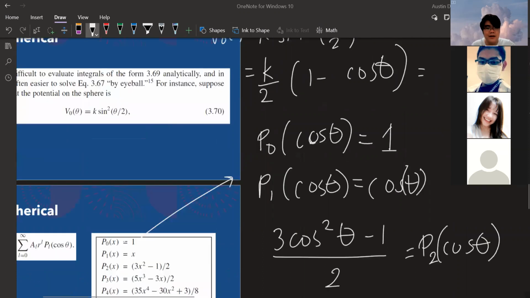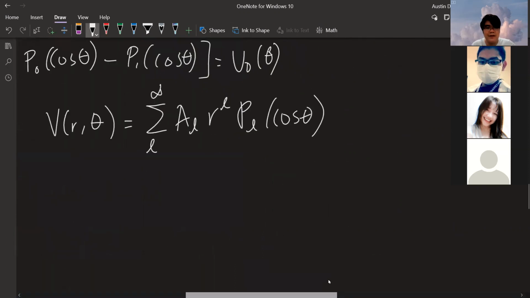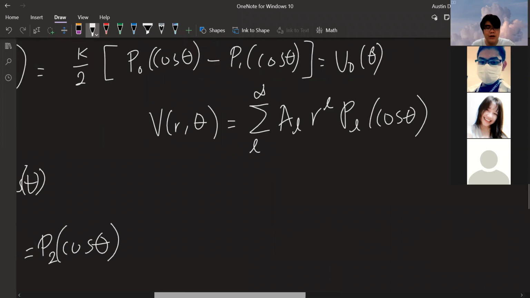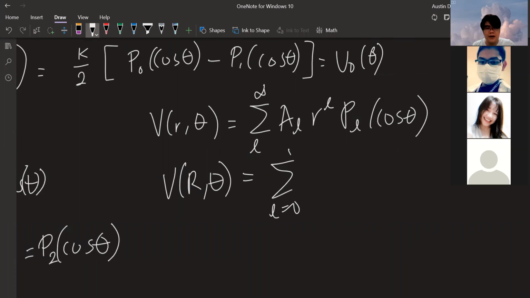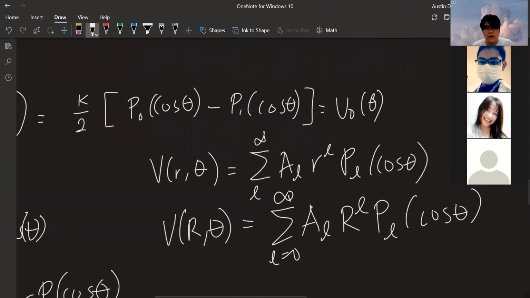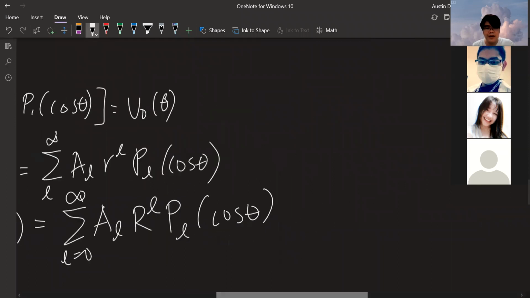Ayan, okay. So going back, we have this general form of our solution. Then again, we write V of R, theta. So I have L0, ups, L0 ba ang una ko? Tama, L0. Sum of A_L R^L P_L of cosine theta. And this is just yung sagot mo, yung V naught of theta.